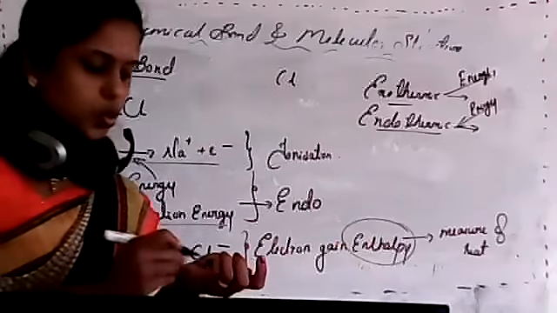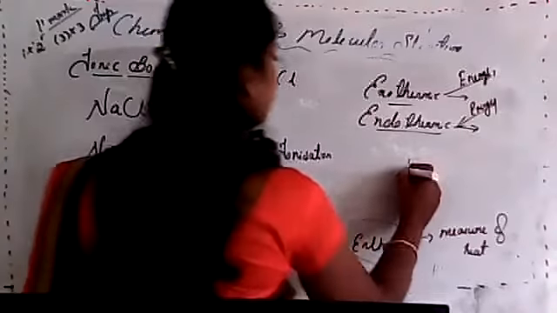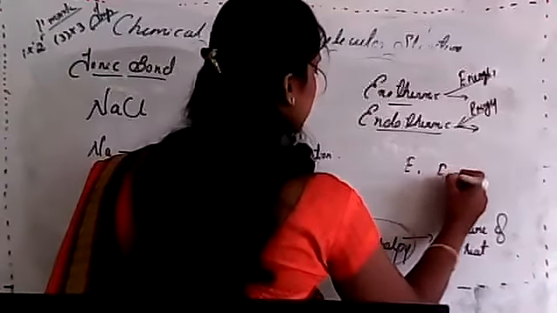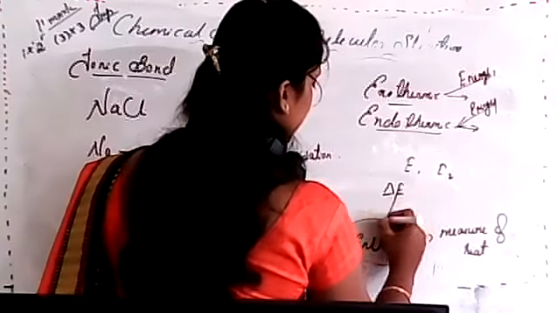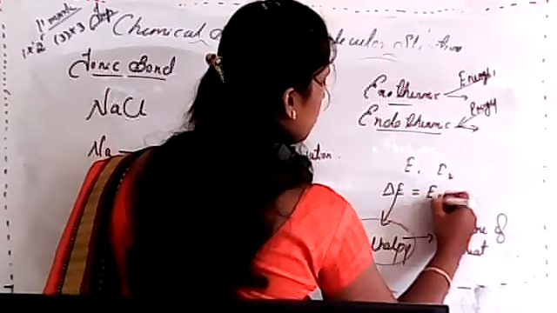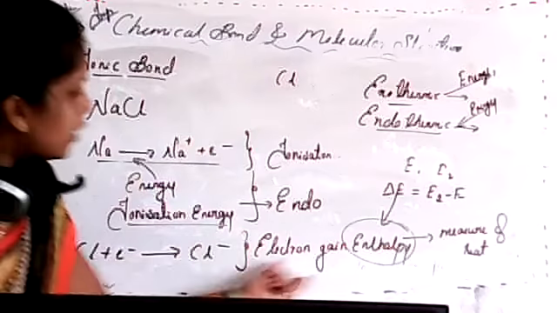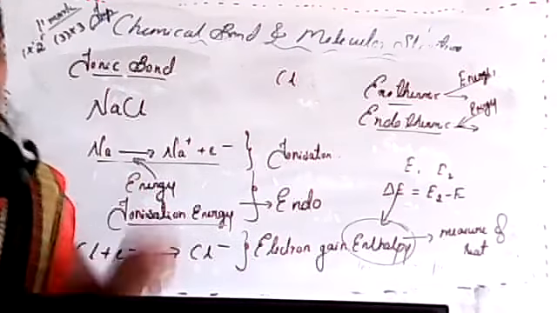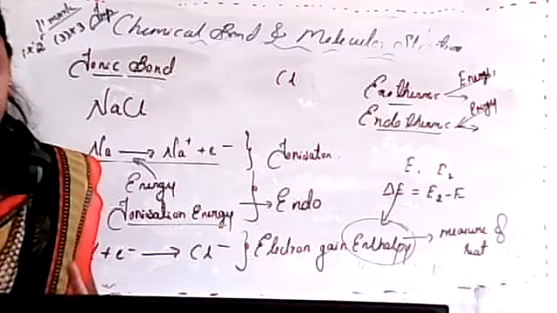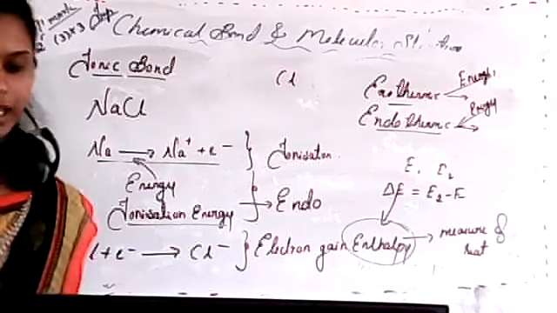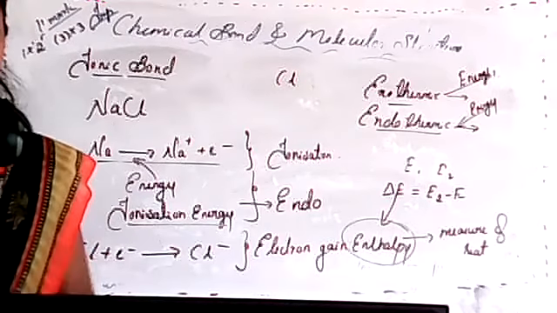If I consider two states, initial E1, then E2, delta E is nothing but enthalpy, that is E2 minus E1. Clear? So electron gain enthalpy may be exo or endo.